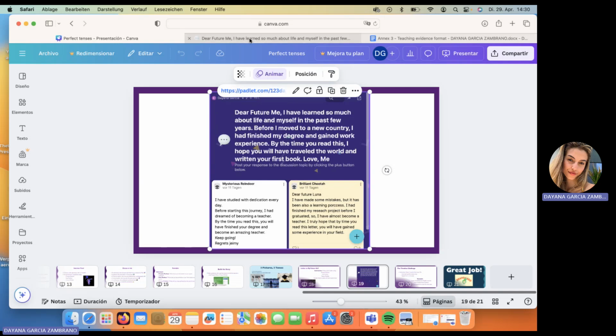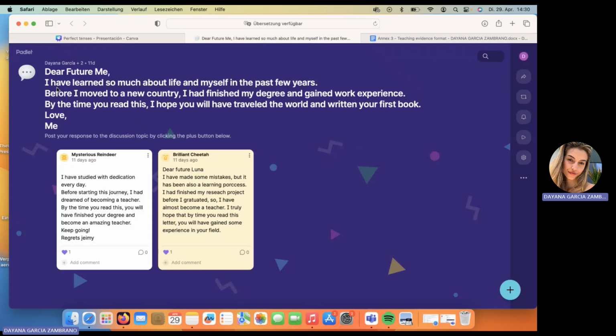The students get an example. Dear future me, I have learned so much about life and myself in the past few years. Present perfect. Now, past perfect. Before I moved to a new country, I had finished my degree and gained work experience.